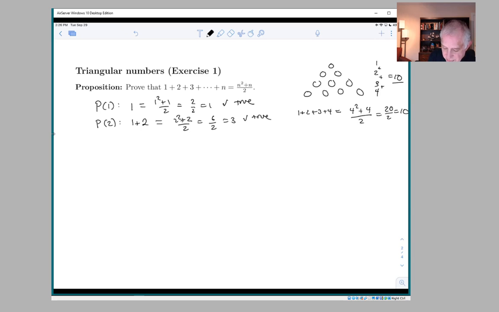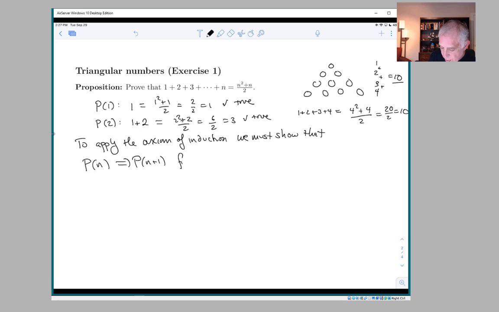So what we must do now is we want to apply induction, we must show that P of n implies P of n plus 1 for all n in the natural numbers.